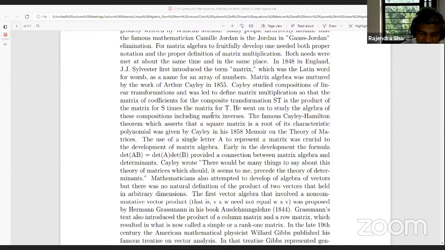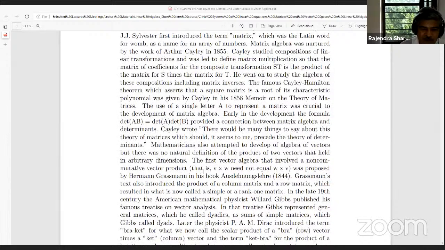In the late 19th century, the American mathematical physicist Willard Gibbs published his famous treatise on vector analysis. In that treatise, Gibbs represented general matrices as sums of simple matrices, which he called dyads.